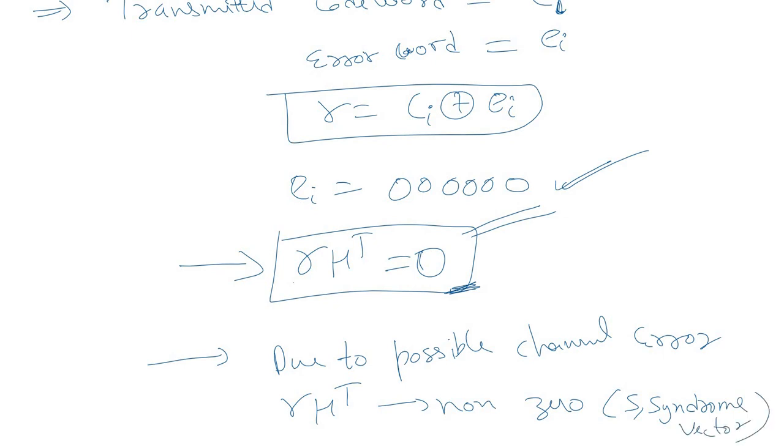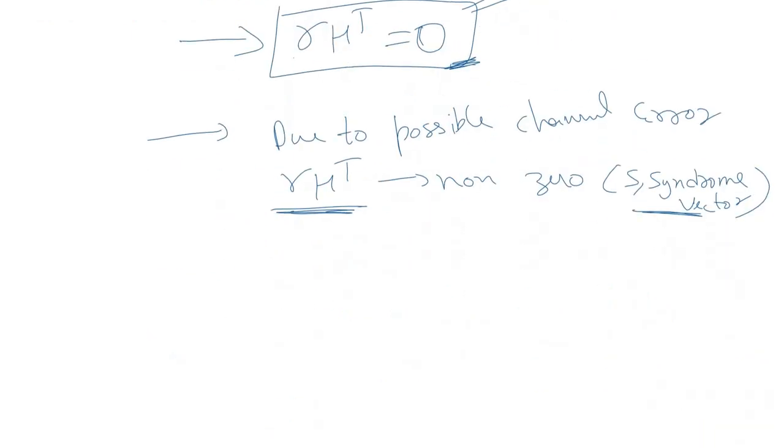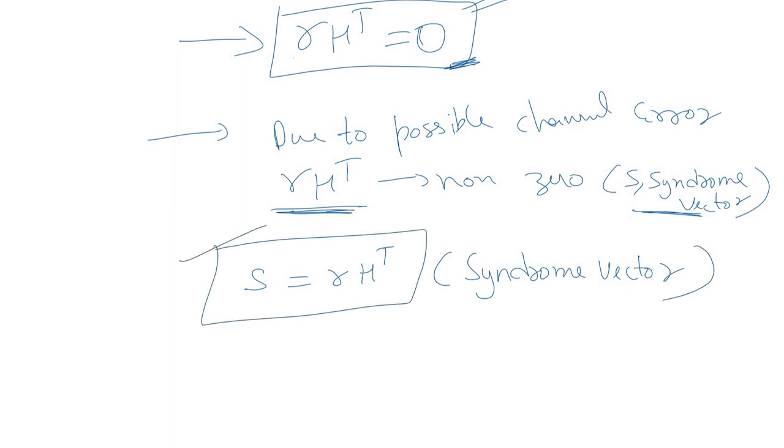We define this R into H transpose vector, which is non-zero when there is an error present during the transmission, as the syndrome vector. We define it by S is equal to R into H transpose. This is the syndrome vector. Again, an important expression to remember.